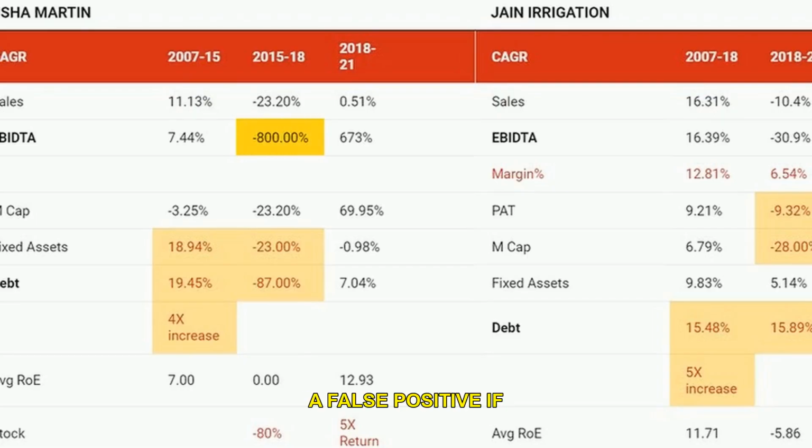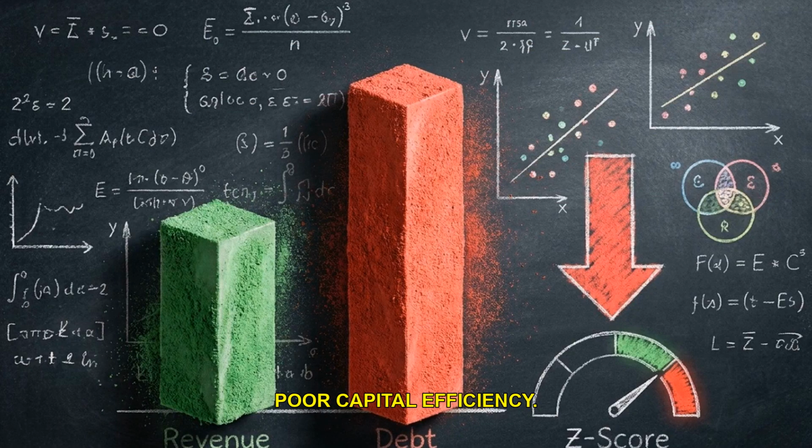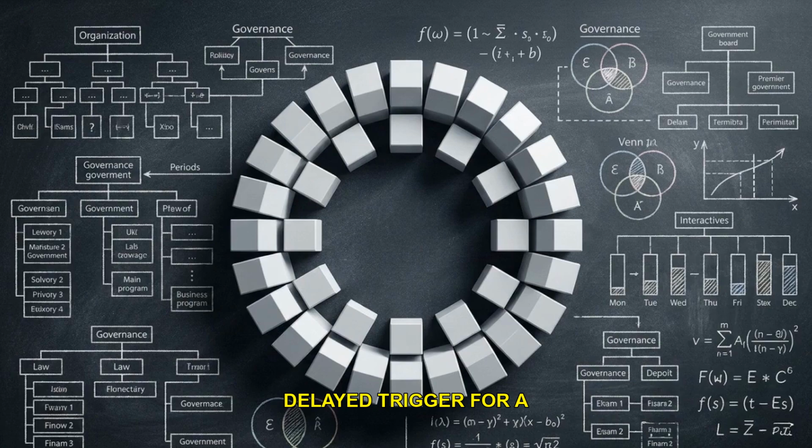Top-line revenue is a false positive if it fails to generate operating cash. Look below. Massive expansions and leverage were required to mask poor capital efficiency. Aggressive revenue growth funded primarily by debt is not a multibagger signal. It is simply a delayed trigger for a collapsing Z-score.